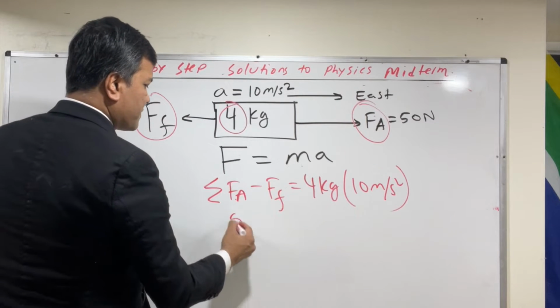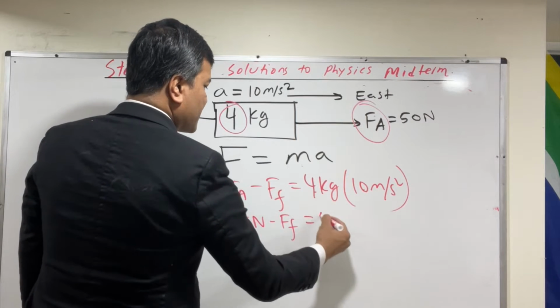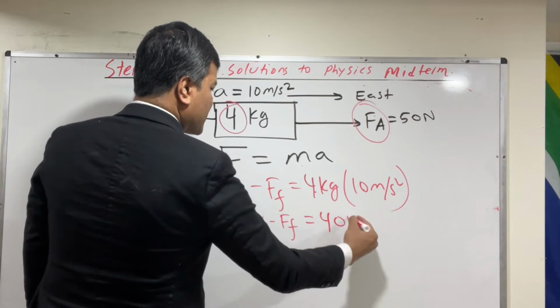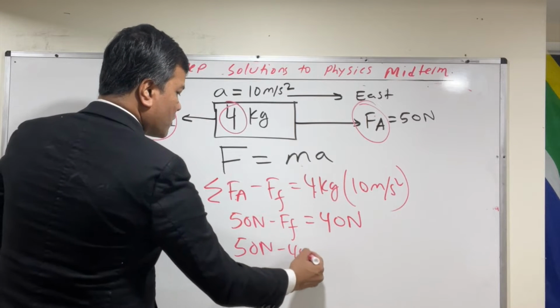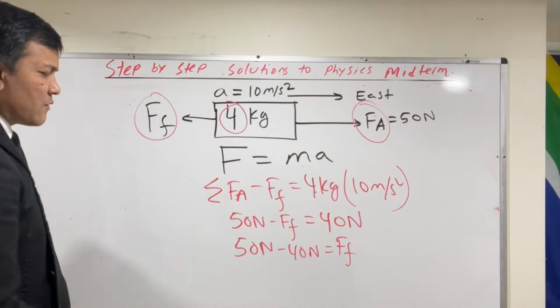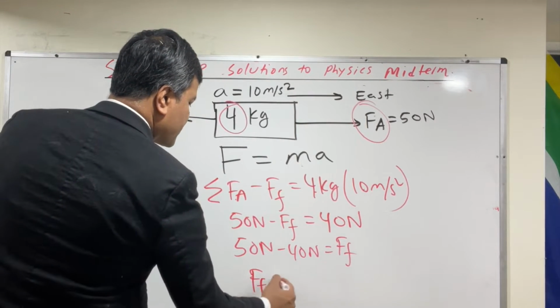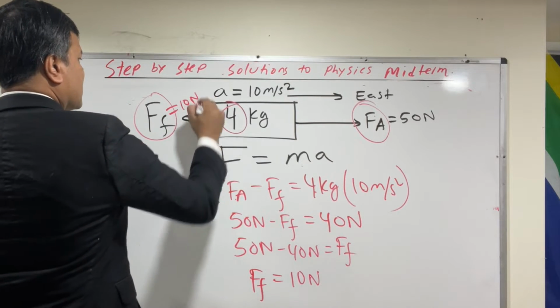Fa is 50 Newton minus Ff is equal to 4 times 10, 40 kilogram meter per second square, is Newton. 50 Newton minus 40 Newton is equal to Ff. Now we have our final answer. Ff is 10 Newton.